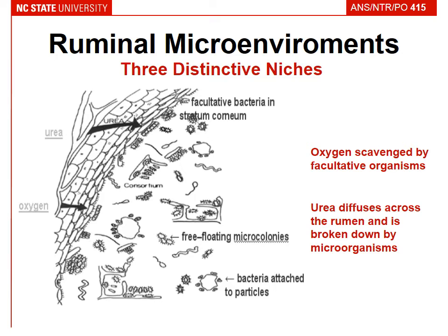Here we have a free-floating microcolony. So we have some microbes that are able to bind together, a little community that are exchanging products. They have a very symbiotic relationship. And then we have bacteria attached to feed particles right there.